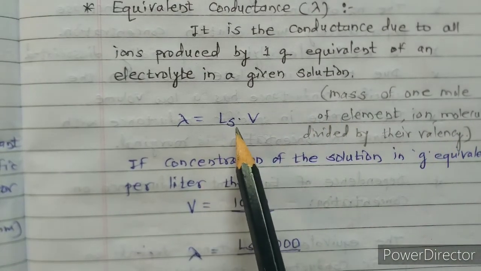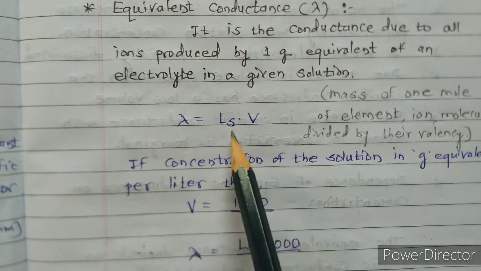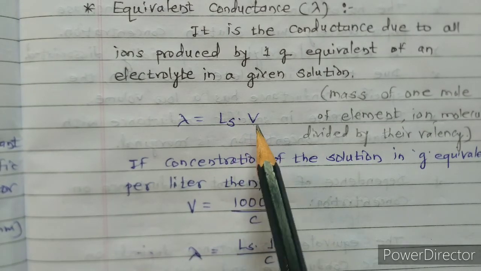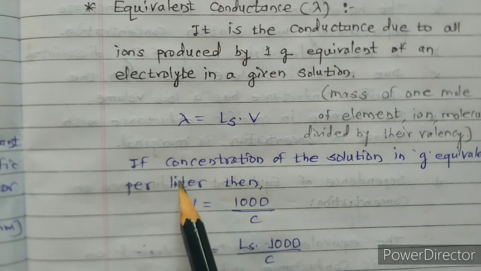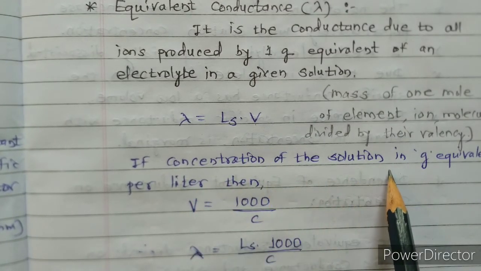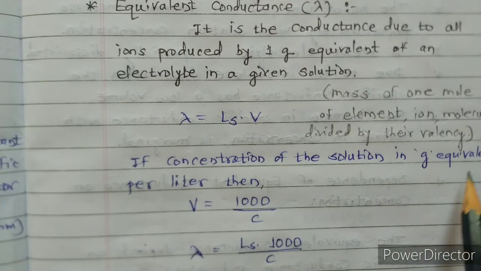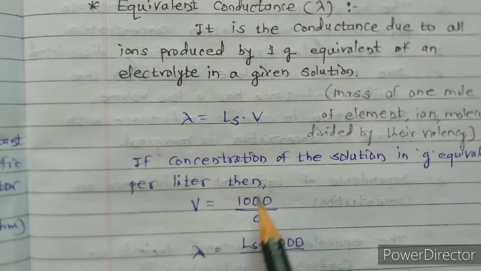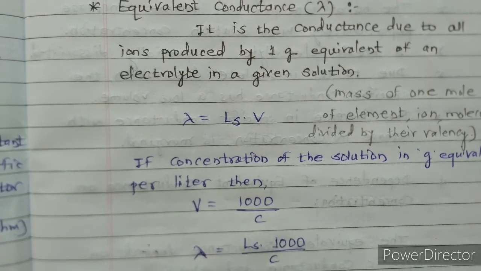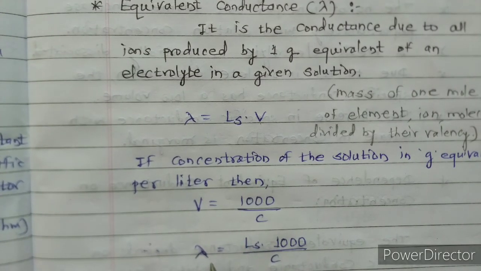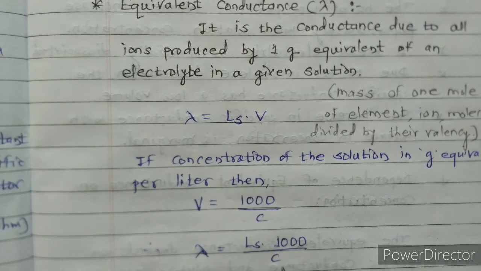Lambda equals Ls into V, where V is the volume and Ls is the specific conductance. If the concentration of the solution is in gram equivalent per liter, then V equals 1000 upon C. Therefore, lambda equals Ls into 1000 upon C.